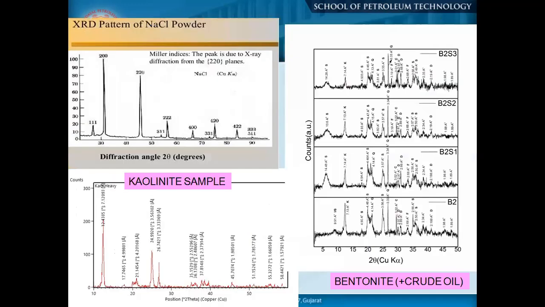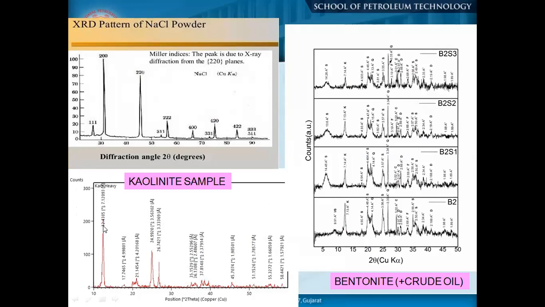So this is the graph of NaCl powder. Here you can see this is 111, 222, and we have 333. So the same crystal plane is repeating at a certain distance. Similarly, this is our kaolinite sample, a mixture of kaolin clay. We know that the peak at 12 point something is the clay sample.